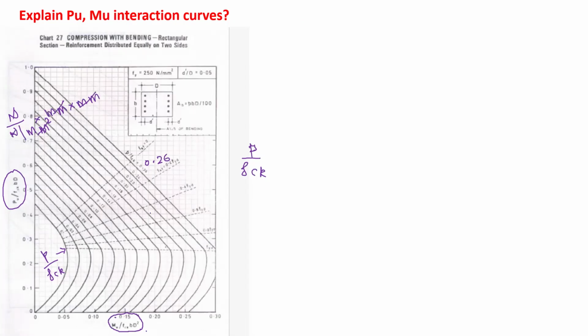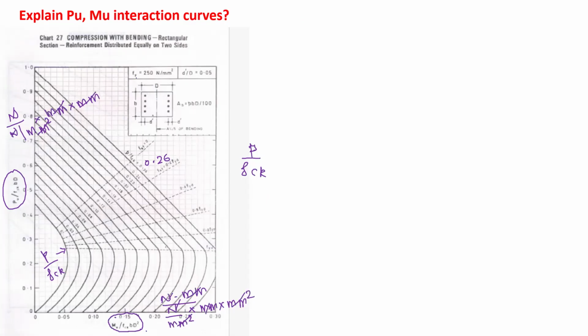The same with your MU: we have Newton millimeter, and below we have Newton per millimeter square, which is fck, then we have b, and then d, and here again d. So fck b d square, mm cube goes up. So this is mm square, mm cube gets cancelled, N gets cancelled. So these charts are coefficients only, we can say unitless charts. And then we have to solve this.